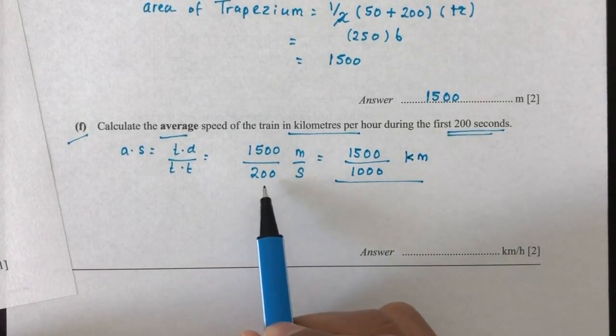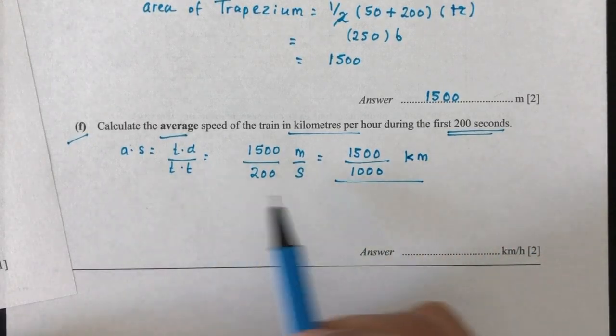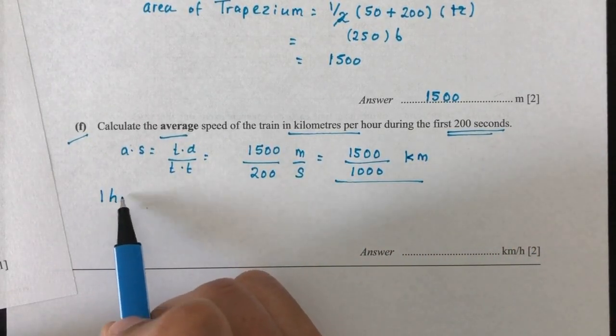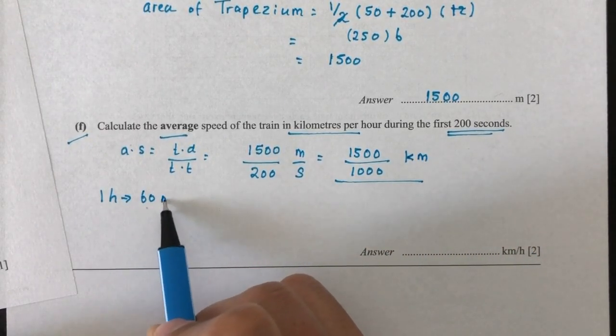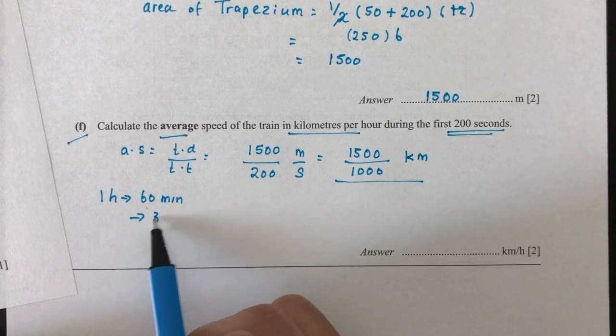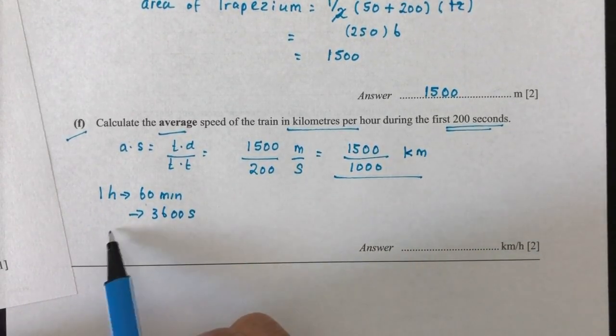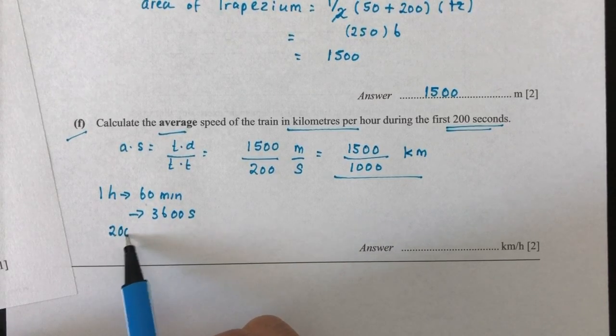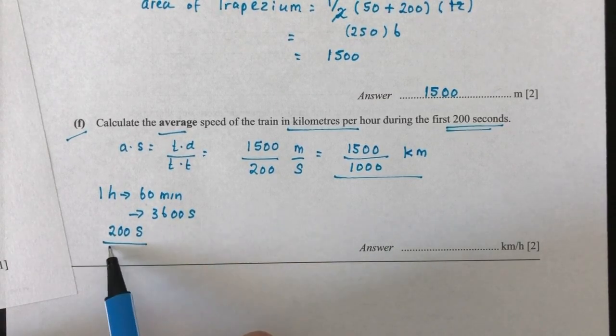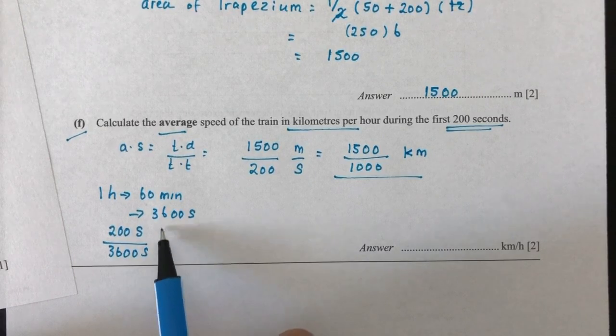And how would you convert seconds to hours? As we know, 1 hour is equal to 60 minutes, which is equal to 3,600 seconds. So to convert 200 seconds, I have to divide by 3,600 to make it hours.